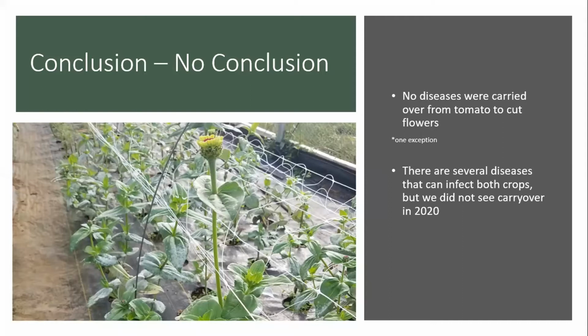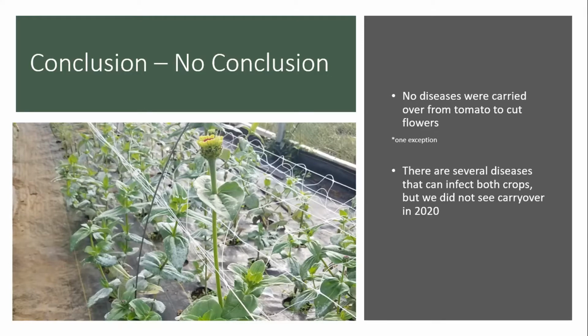But I will tell you that with one exception, we did not see disease carrying over from one crop to the next. So we didn't see a jump of diseases on tomato relating directly to cut flowers, which is really good news for cut flower growers because we really just had one disease problem in the cut flowers, so very low input. And that's what we wanted.